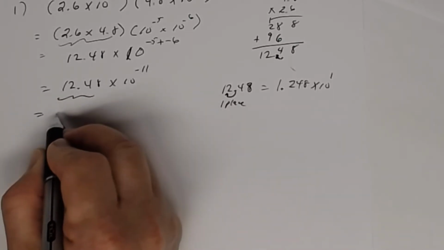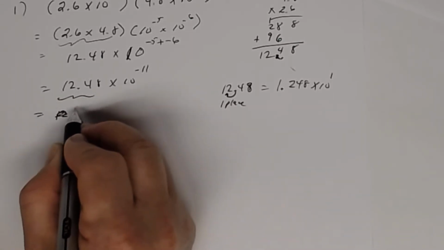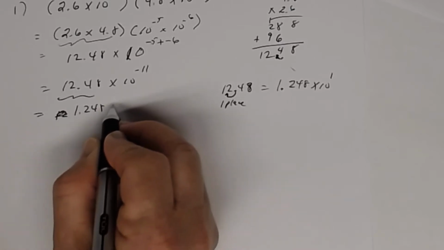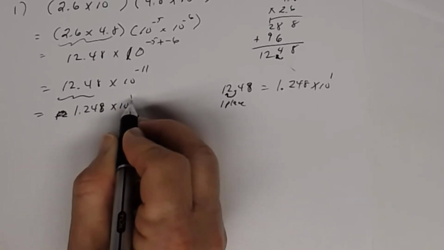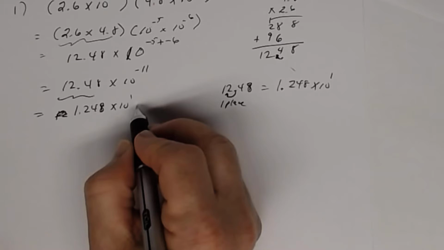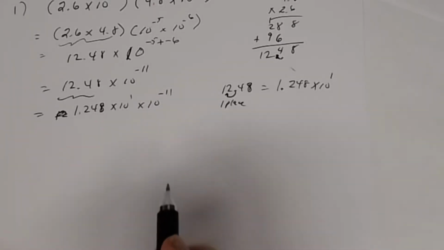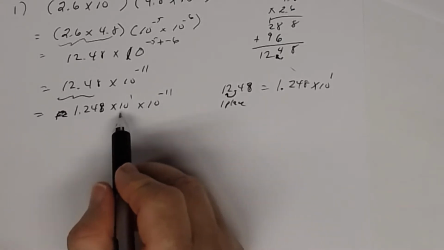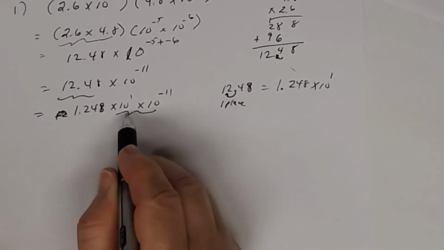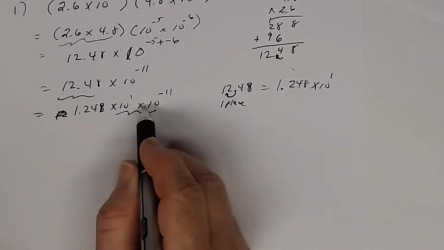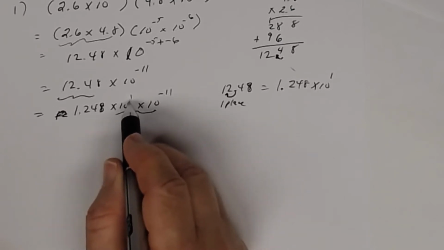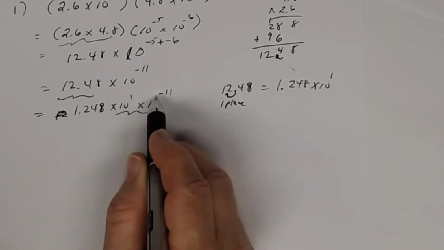This becomes 1.248 times 10 to the first, but don't forget we have 10 to the negative 11 up here. Then we use the product rule again: 10 to the first times 10 to the negative 11. I'm multiplying like bases, so I add exponents.